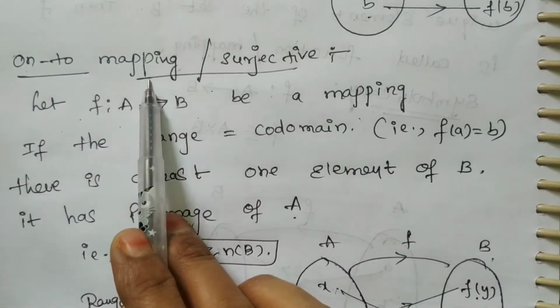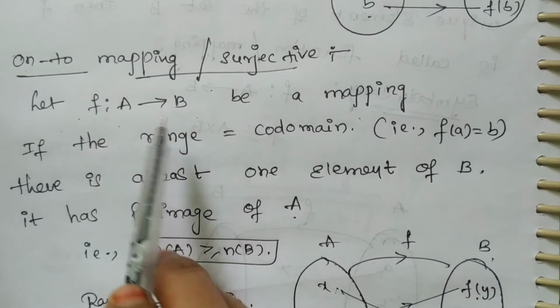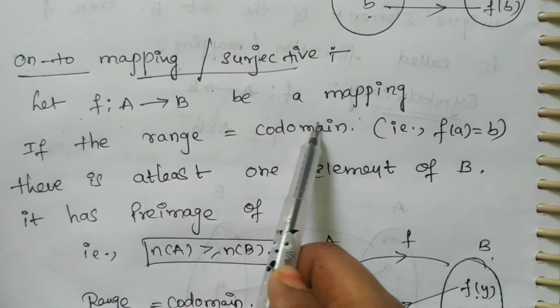Next one is onto mapping, or surjective. Let f from A to B be a mapping.